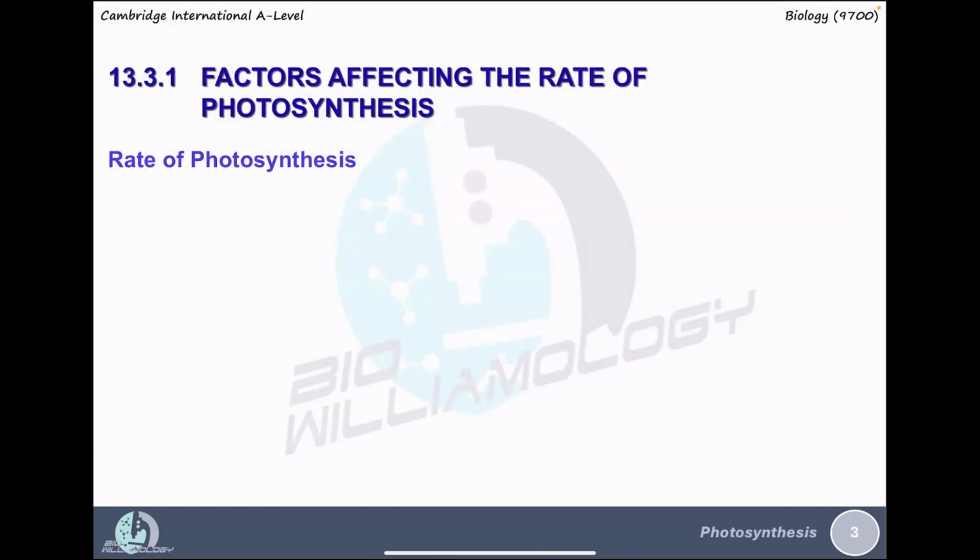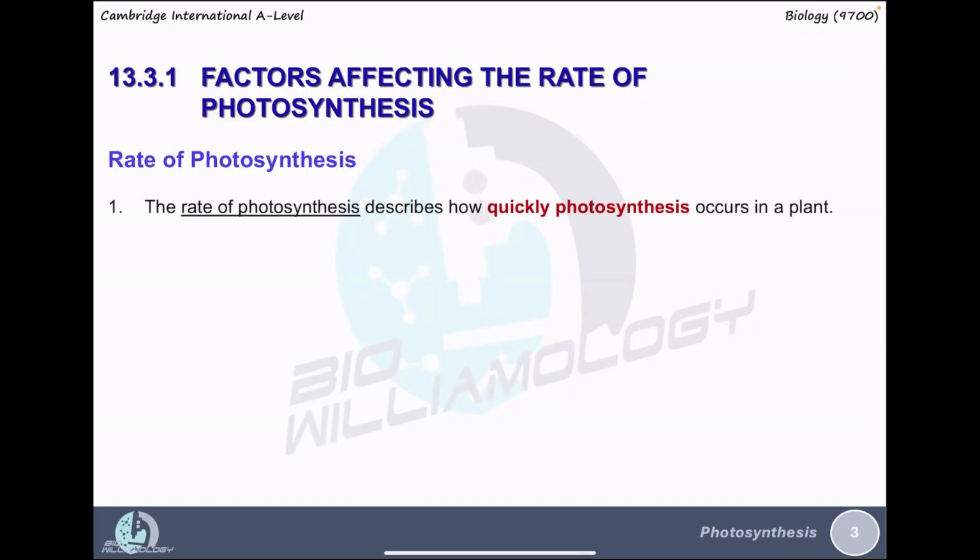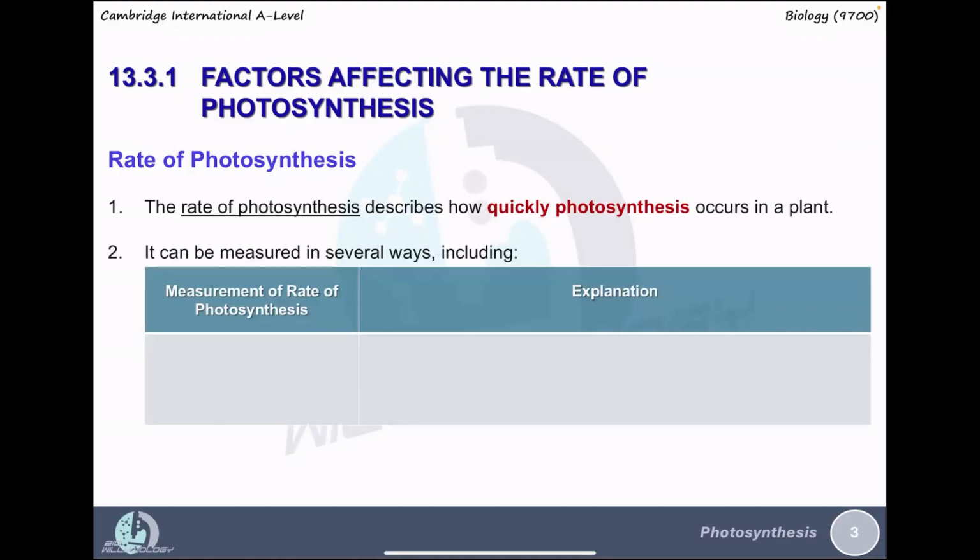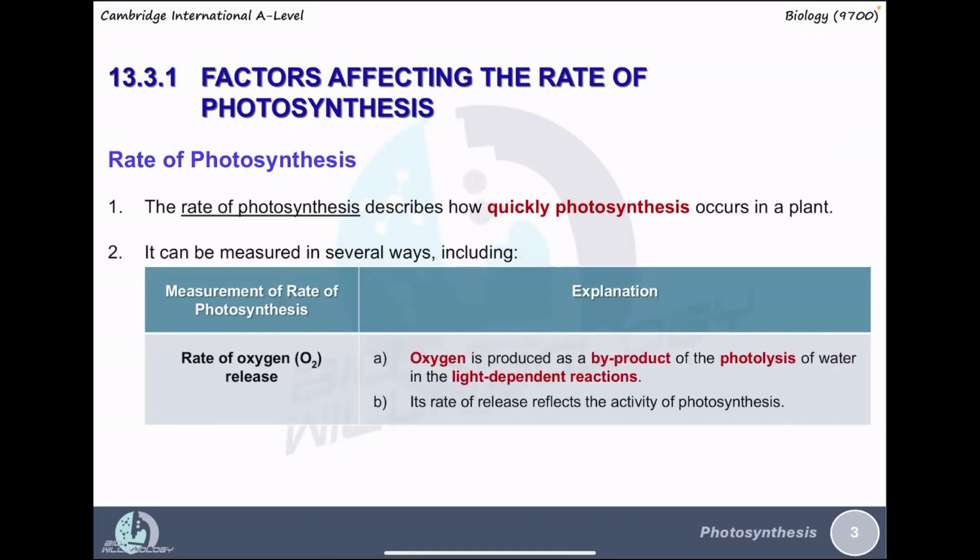Rate of photosynthesis. The rate of photosynthesis describes how quickly photosynthesis occurs in a plant. It can be measured in several ways, including the rate of oxygen release. In this case, we are going to look at how fast the plant produces oxygen during photosynthesis, because oxygen is produced as a byproduct of the photolysis of water during light-dependent reactions.